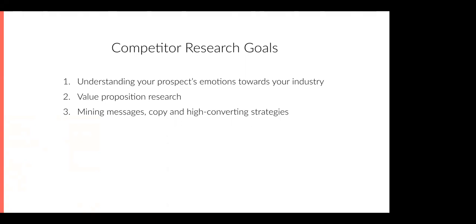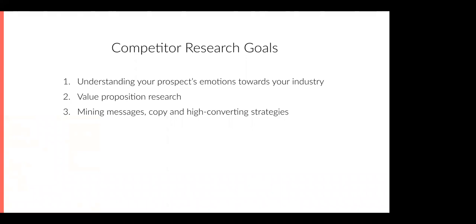Now, next week, we have a guest speaker, an expert, Momoko. She is going to walk us through the exact process of finding your value proposition. It's so interesting. So I'm not going to get into that right now, but when you understand what people are currently missing, what challenges them in existing solutions, and how they feel about the different existing solutions that are out there, it's so much easier to identify where you can step in.